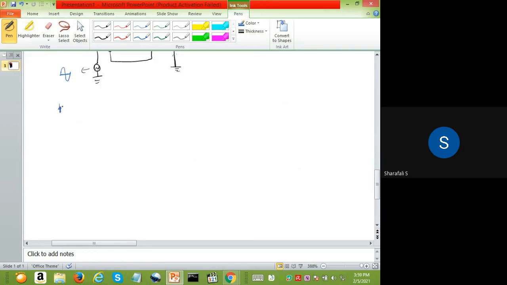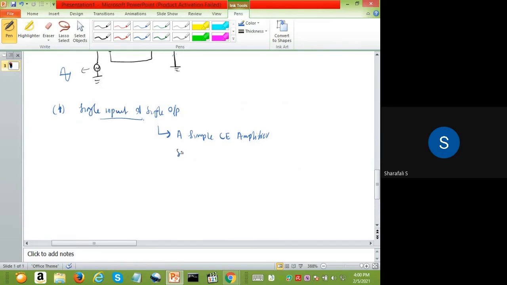And the fourth one is single input and single output. Okay. So in this case, this is nothing but a simple common emitter amplifier.